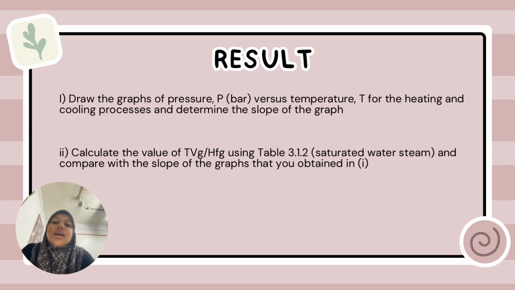The results ask us to firstly draw the graph of pressure, P in bar, versus temperature, T, for the heating and cooling processes, and determine the slope of the graph. Secondly, we need to calculate the value of TVg over Hfg using table 3.1.2, which is saturated water steam, and compare it with the slope of the graphs obtained in 1.